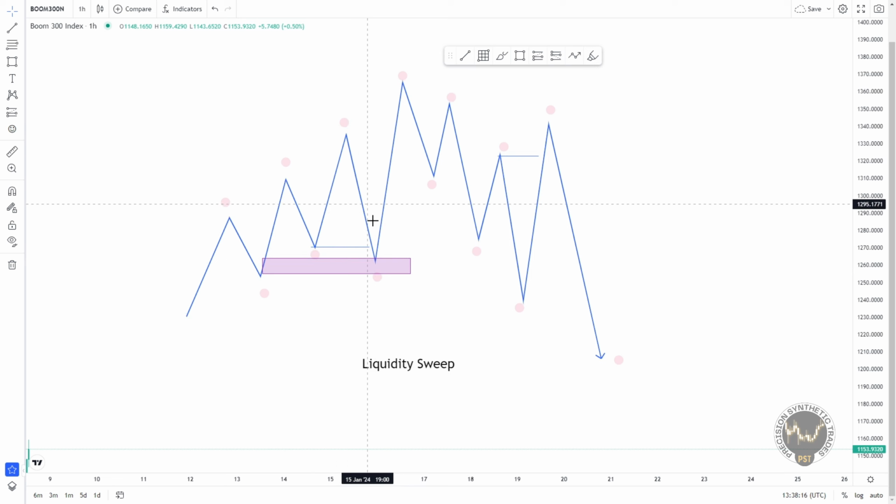A high was created, price came down and took the liquidity, and then you'll see that when liquidity is taken, normally there's a nice big push to the upside. Now, high, low, high, low, high, low. As you can see, we changed trend down here.